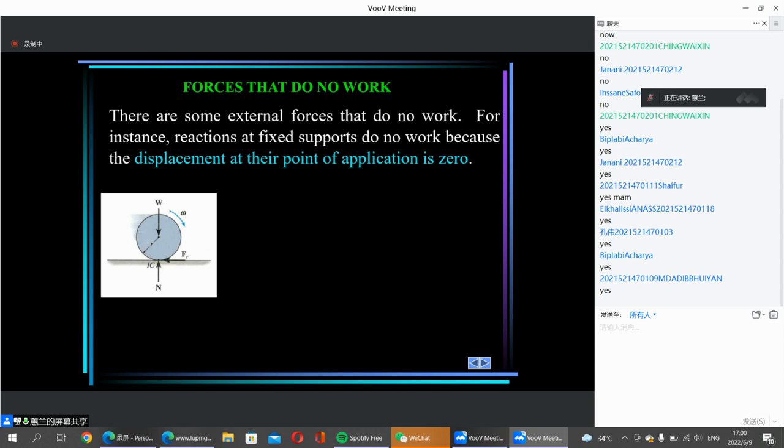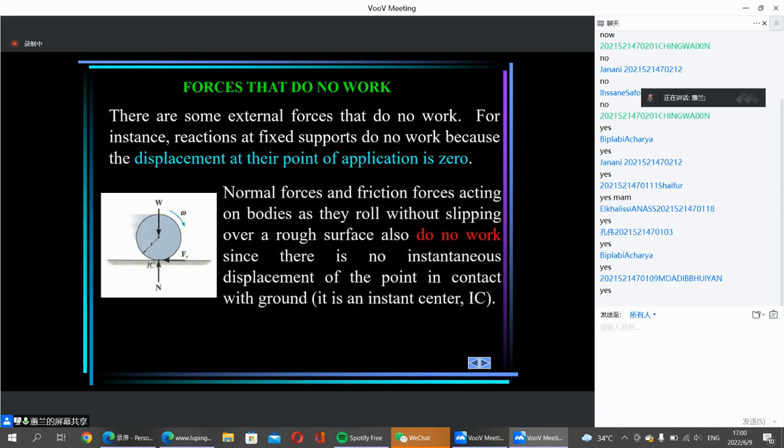Besides the weight and the spring force, for which we talked about how to calculate the work on the rigid body, we also need to be very careful: sometimes forces do no work on the rigid body.